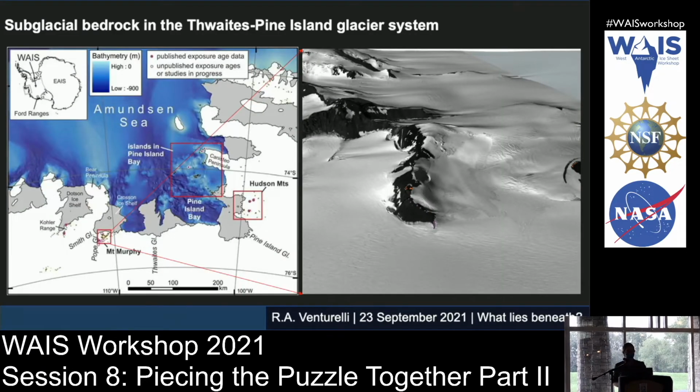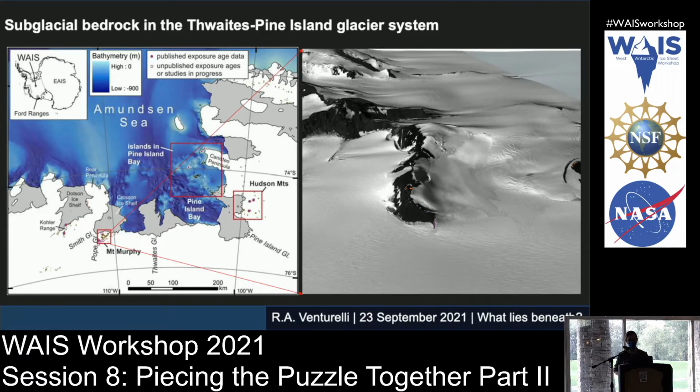And then looking into areas where we don't have sediment, but instead have subglacial bedrock, we can start to think about radiocarbon in a different way. Instead of radiocarbon being brought in by things that live in this environment, we have radiocarbon that accumulates in rocks as they're exposed at the surface.